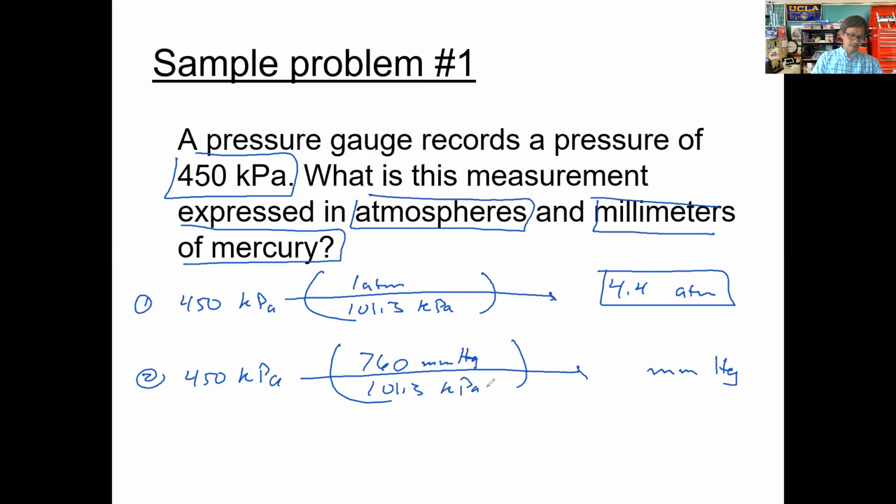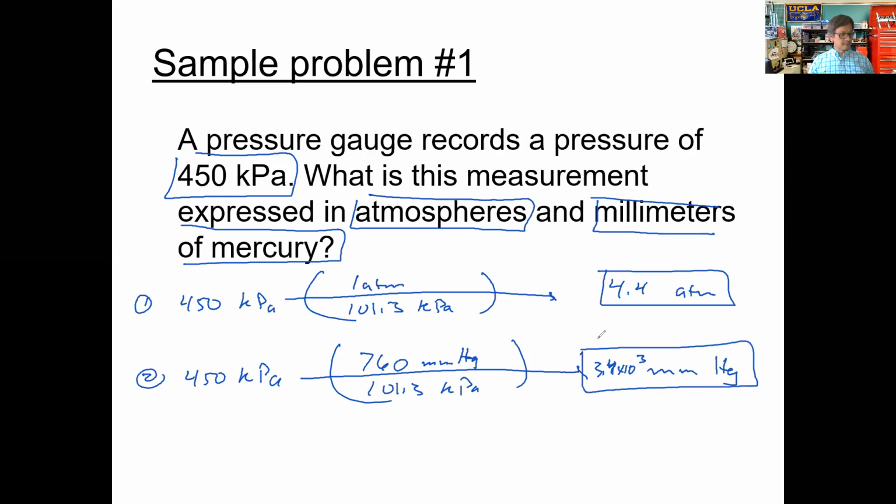Putting that into our calculator, 450 times 760 divided by 101.3, we get 3.4 times 10 to the third millimeters of mercury. So that's what we have here.